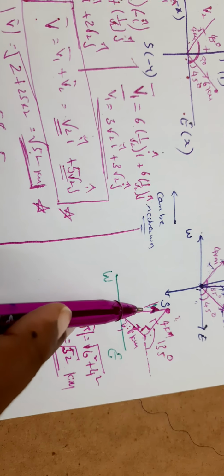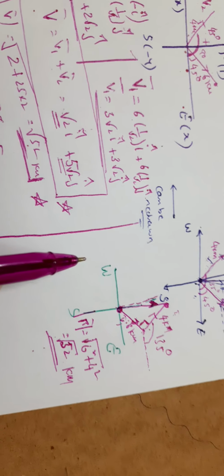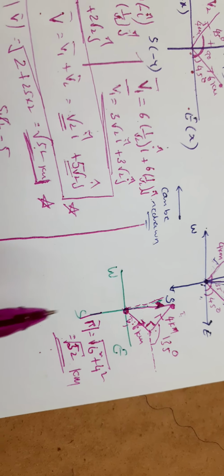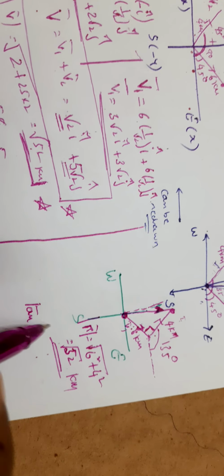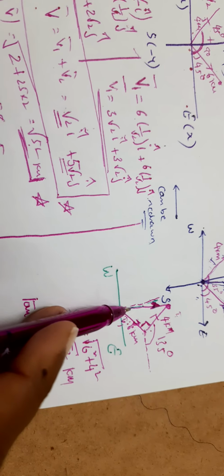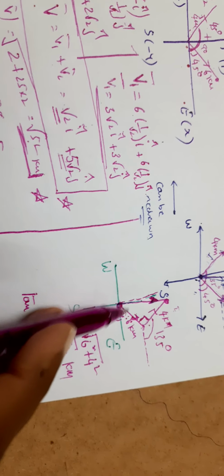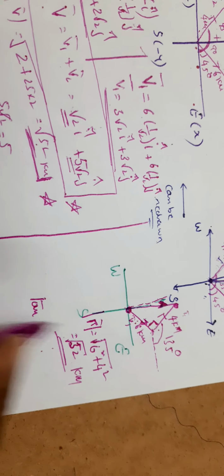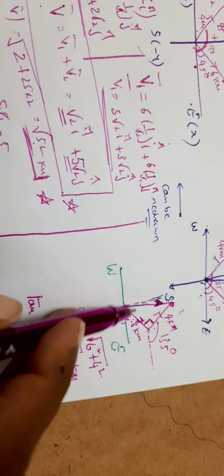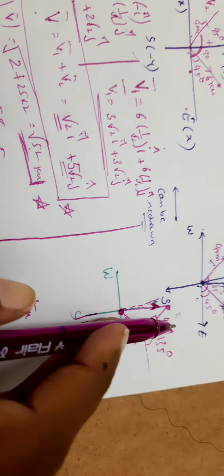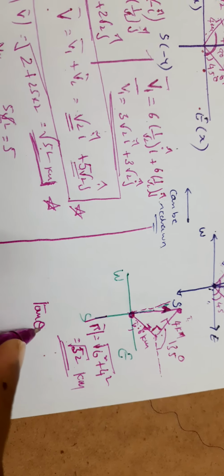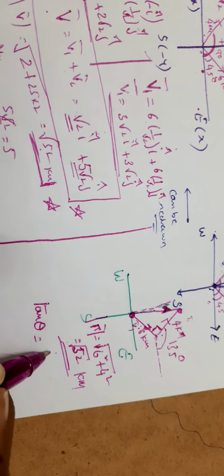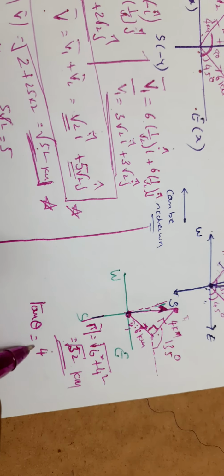Now what about the angle? Here, with this one, you are going to find the angle. So tan theta is equal to y by x, 4 by 6.